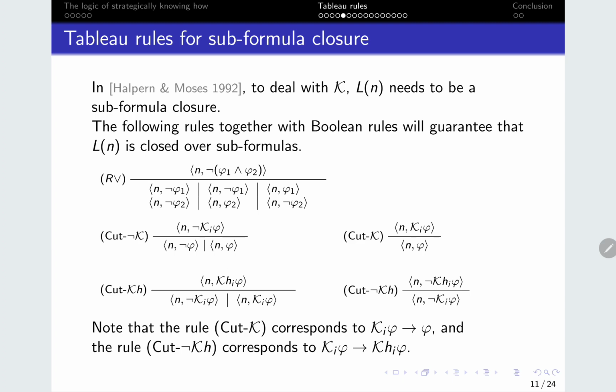Please note the rules for know-how. For the cut know-how rules, we break the know-how formula down to a know-that formula or not. And for the cut negation know-how rules, it corresponds to the valid formula know-that phi implies know-how phi.